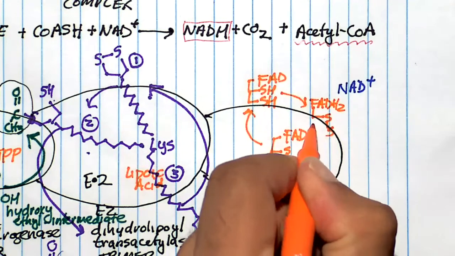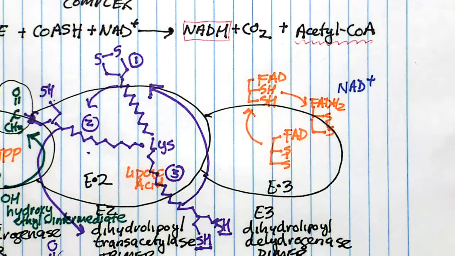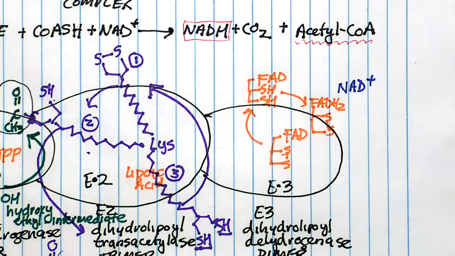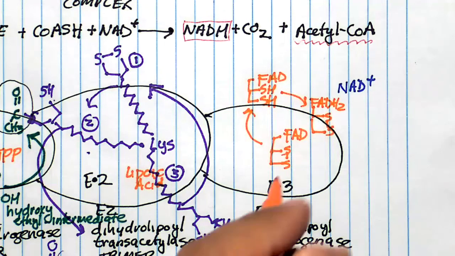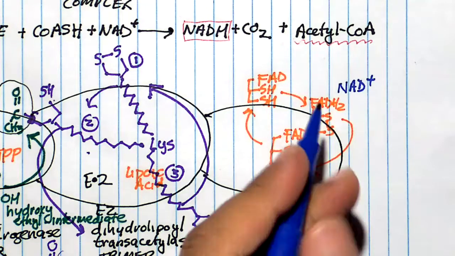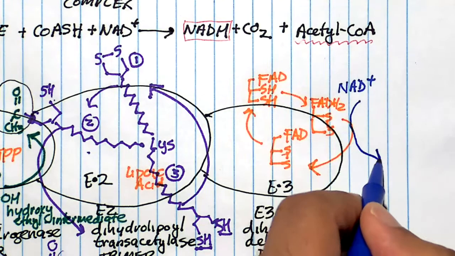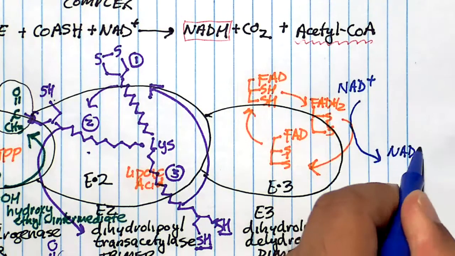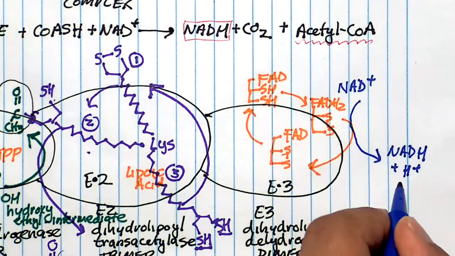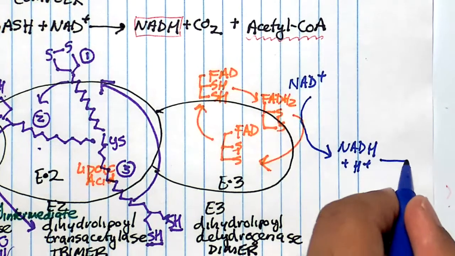So now we resume the disulfide bond, but FAD, H2 donates those electrons to NAD plus to give you NADH. And a proton comes along for the ride. And this just goes into the matrix pool.